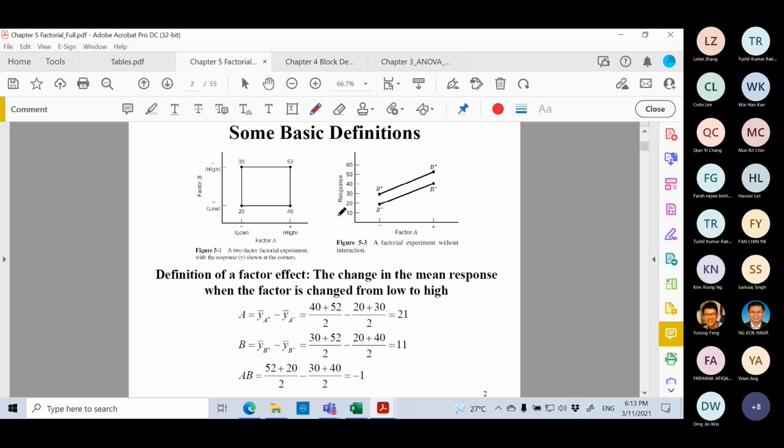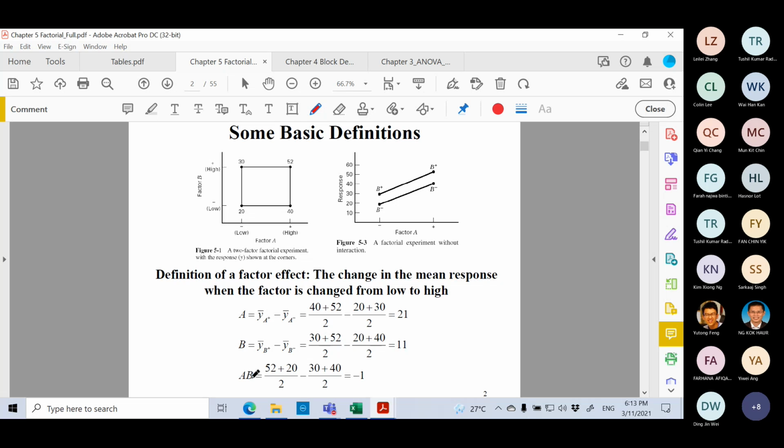When we go to chapter number 5, because we study the factorial analysis, we can have two factors or more than two factors. So if you have two factors, we can have a factor A, a factor B, and an interaction factor in between A and B. Therefore, you can calculate the effect for the factor AB.